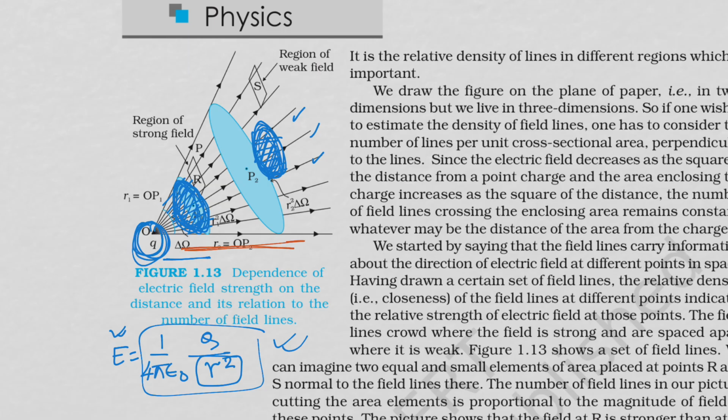If we go farther, the value of R increases, and the value of E will decrease, because E is inversely proportional to the square of the distance.